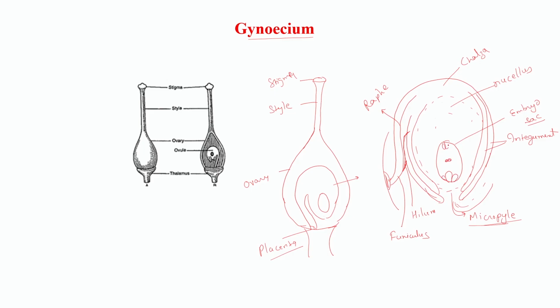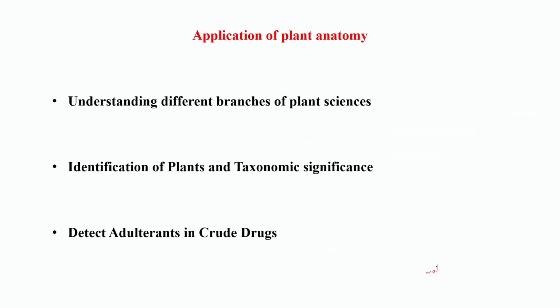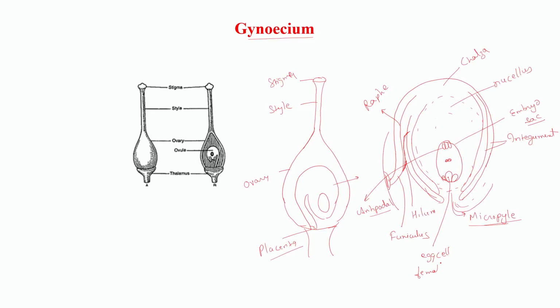The 3 cells on the chalazal side are known as antipodals, and of the 3 cells present on the micropylar end, the central one is known as the egg cell or female gamete, and the other 2 are known as synergids. So this is the organization, and in the center you will see 2 polar nuclei.